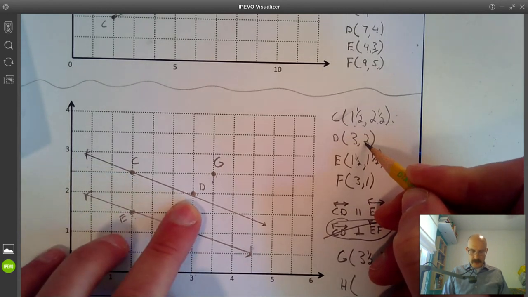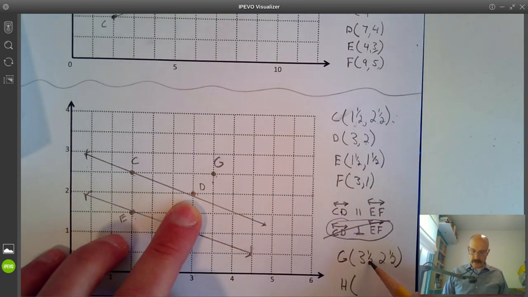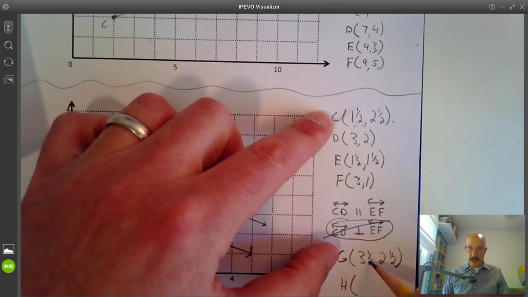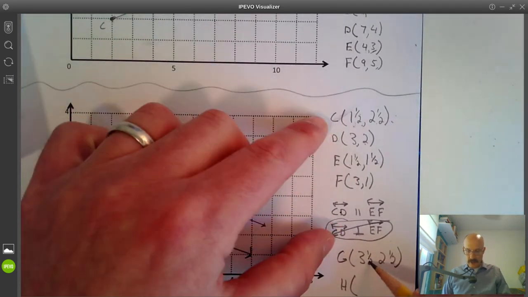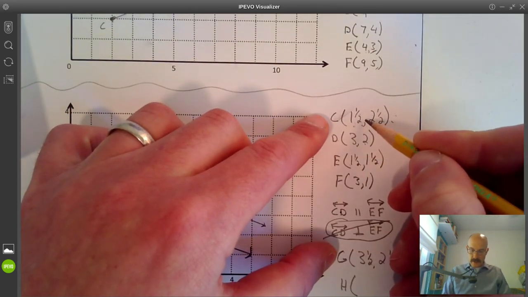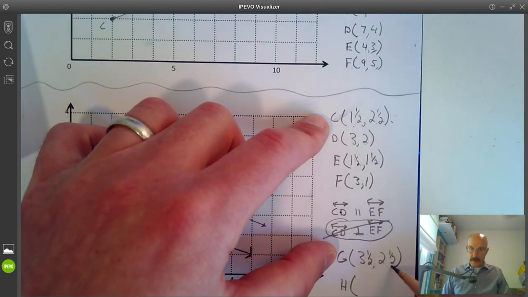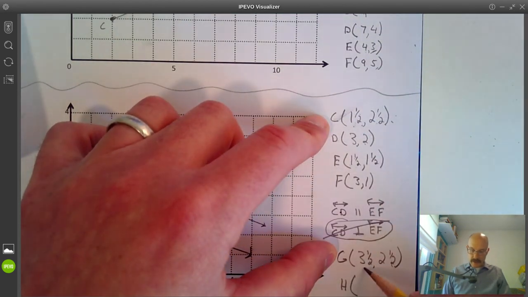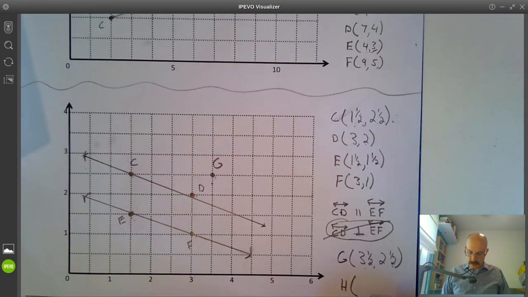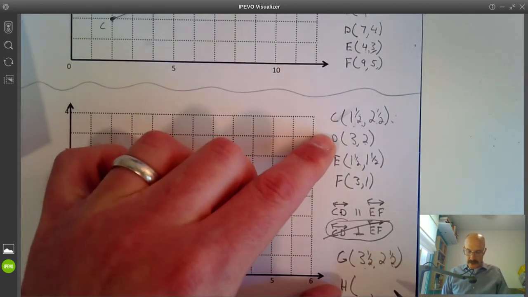If I'm comparing C to G, the y coordinate stays the same, 2.5, 2.5. X coordinate goes up by 2, right? So we'll now compare D to H.